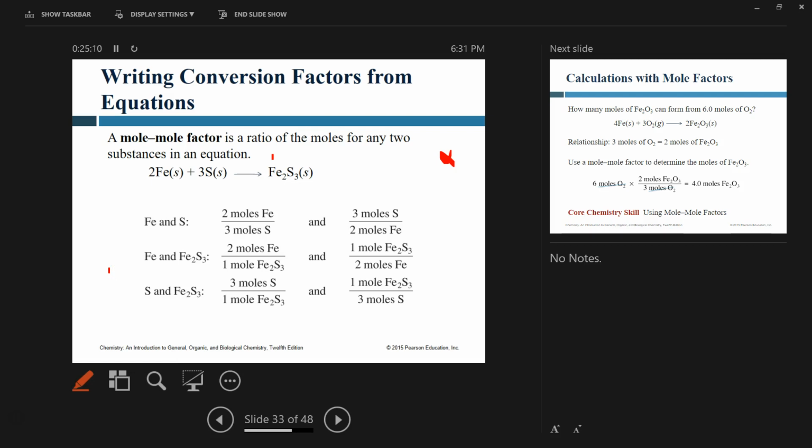If you take 2 moles of apples and 3 moles of oranges, how many moles of bags are you going to get? 1. Does that make sense? Now, that's a rhetorical question, you don't have to answer.